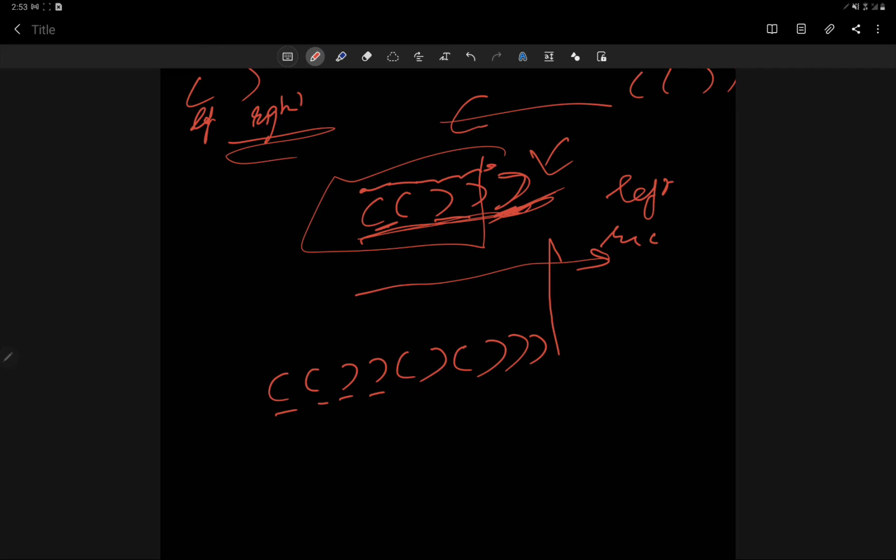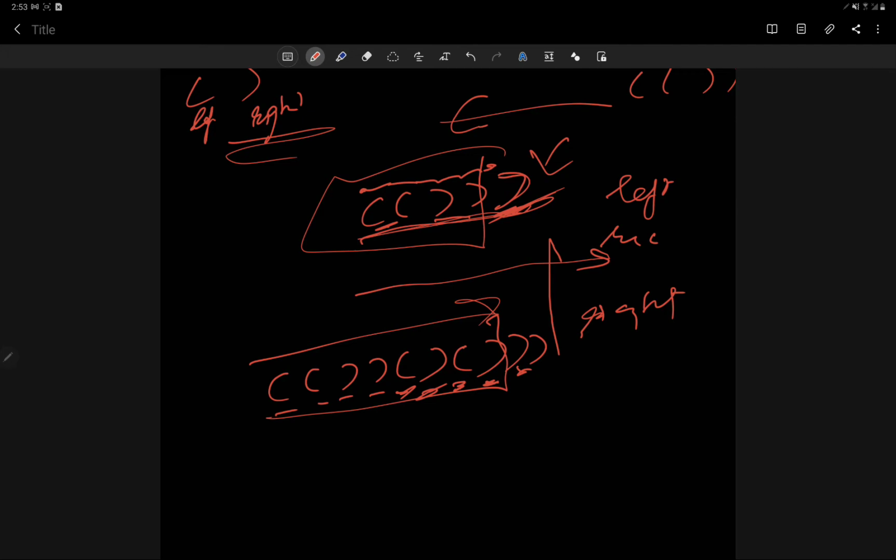At this point they are balanced, so we just increase our maximum length. Then left increases again and right increases again, balanced again. Then left increases, now right increases. This is the longest we got till here, but when right increases further, we have no left to compensate. So at this point right is greater than left. We can encounter this case only in this traversal.